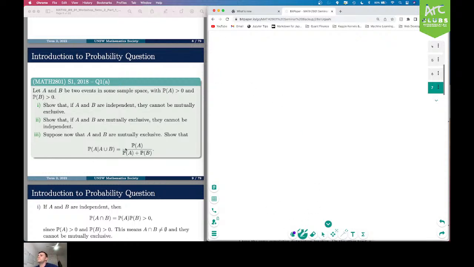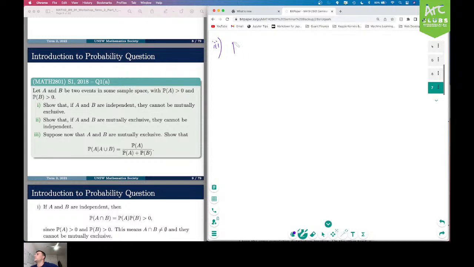This is probably the least intuitive, so I'll probably go most in detail into this one. So the way in which this works is, now suppose that A and B are mutually exclusive, show that that identity is true. I know it looks hard, but it turns out that all you need to do is just remember what conditional probability was.